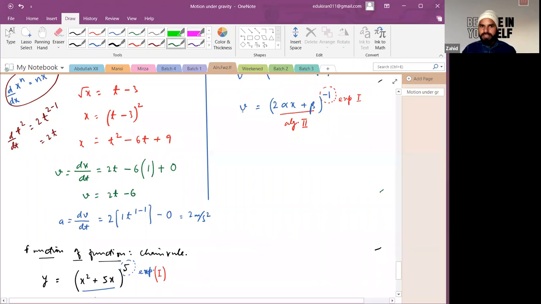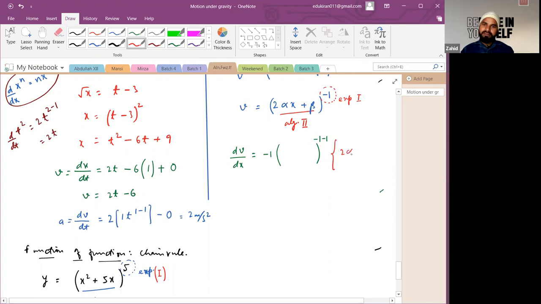As velocity is x dependent, dv over dx is equal to, first is the exponential, so it will be n x to the power n minus 1. Next is the algebraic function, which is 2 alpha x.